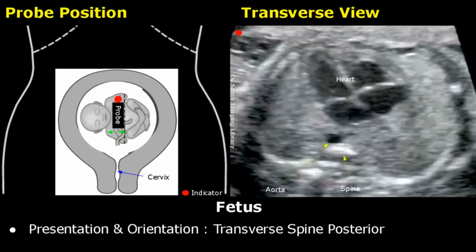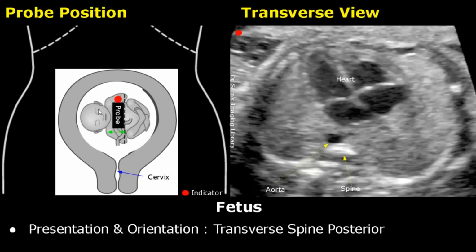Transverse spine posterior position is another type of transverse presentation in which the fetal head is towards the right side and facing the anterior aspect of the uterus. So, keeping the probe in longitudinal orientation, if we move to the right side, we will find the fetal head in transverse plane.